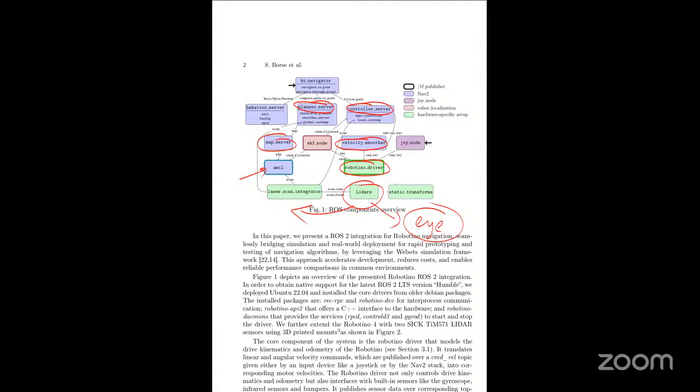Then AMCL means adaptive Monte Carlo localization. This will be used to identify where the current position of the robot is. Localization. AMCL means adaptive Monte Carlo localization.